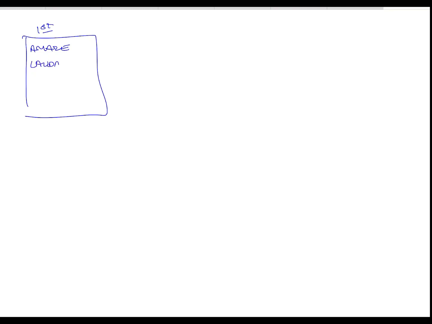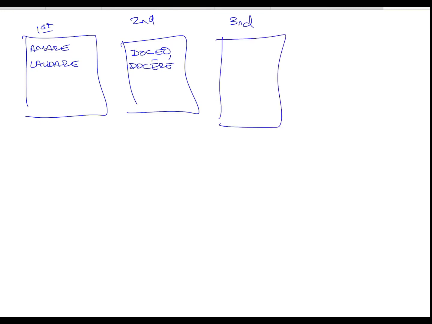You have a second sheet of paper with all the second conjugation verbs, like habeo, let's say doceo, which means to teach, docere, and you have continued on so far. Third conjugation, another sheet of paper, you have put words like traho, trahere, and duco, ducere.